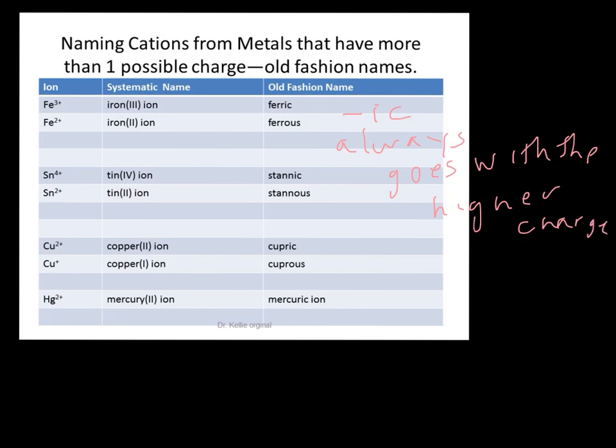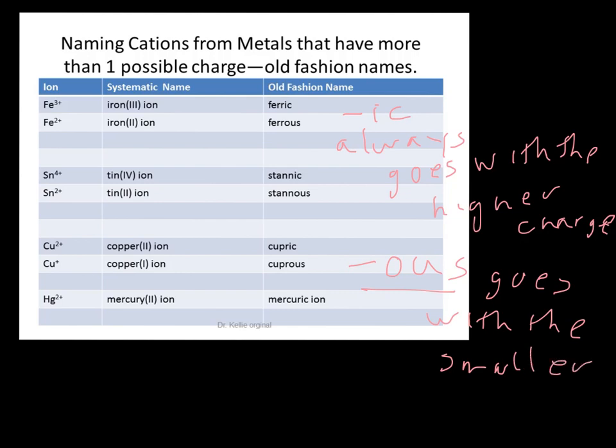If you have a small charge, you overcompensate by giving yourself a longer sounding name. OUS always goes with the smaller charge.